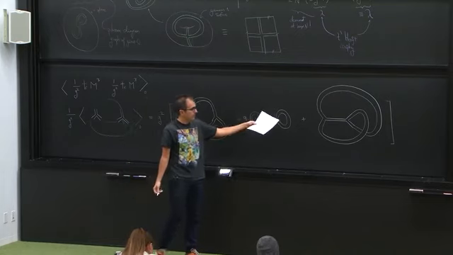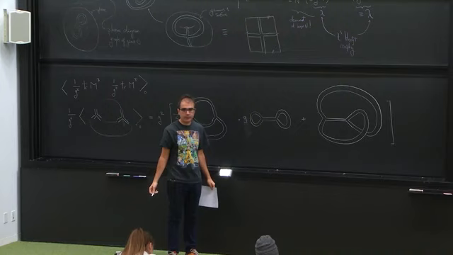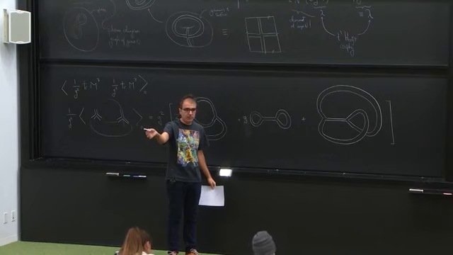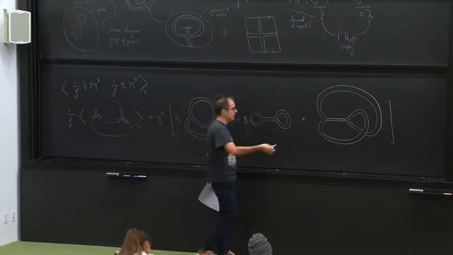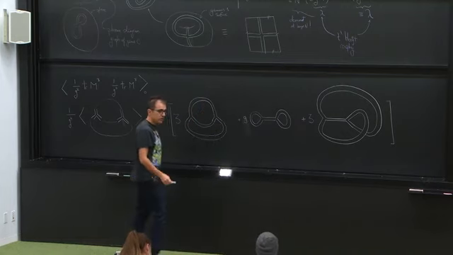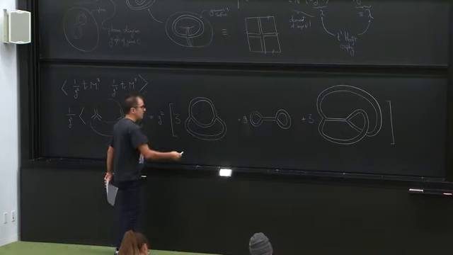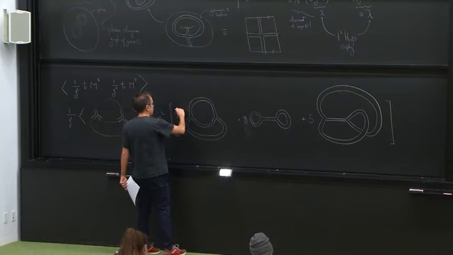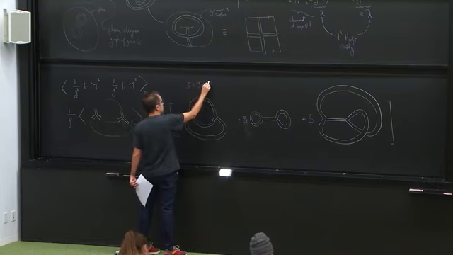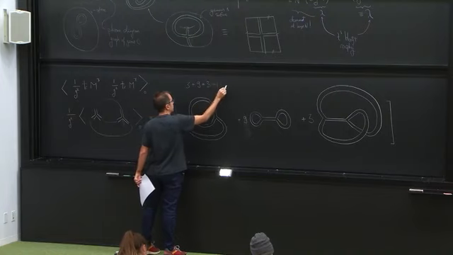The last one, 3 again. You just say who connects. That's 3 options, and then the other ones are fixed by topology. 3. Let's do a check. 3 plus 9 plus 3. If you add them up, 3 plus 9 plus 3 is 15.